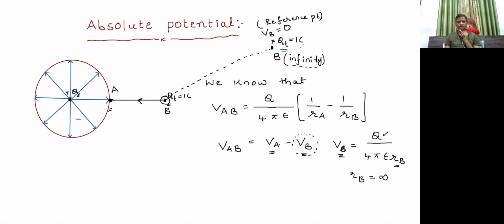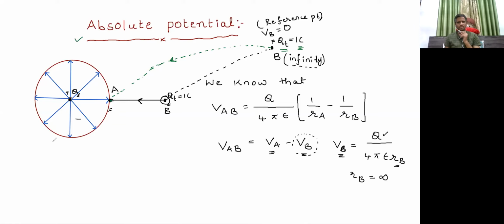You have to move this test charge from infinite to a location A. For that we require some amount of work, and that amount of work to move this 1 coulomb of charge from infinite, where the potential is 0, to a point A is called the absolute potential.